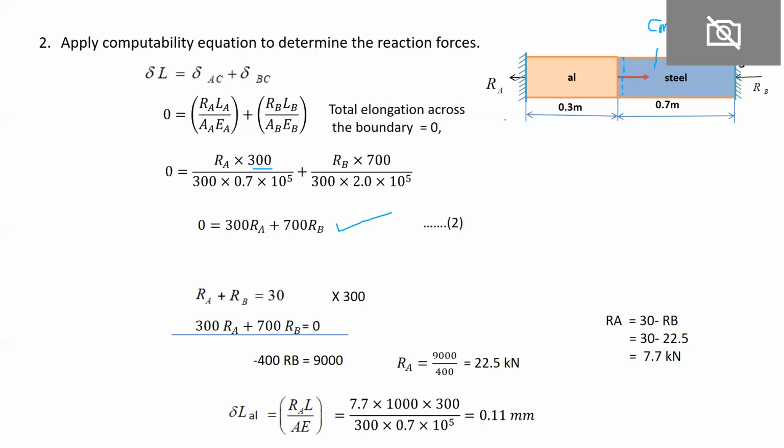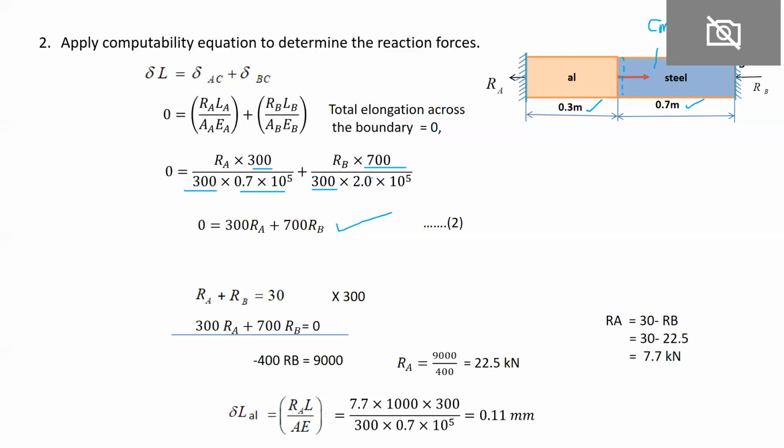L is 300 mm, so this is 0.3 meter converted into mm, and 700 mm, so this is 0.7 meter. The area of cross section is the same for both, 300 mm square, and Young's modulus E for aluminium is 70 into 10 raised to 3, and here it is 200 into 10 raised to 3.